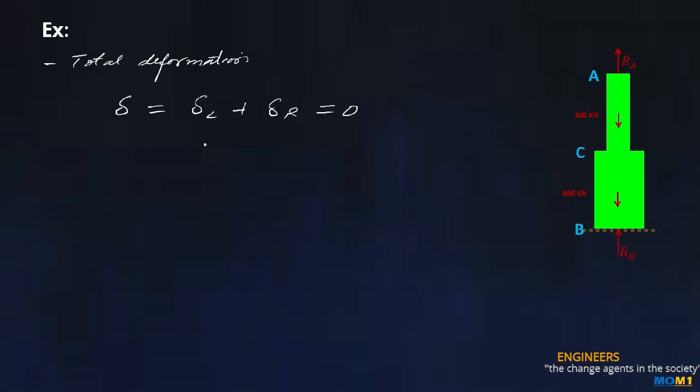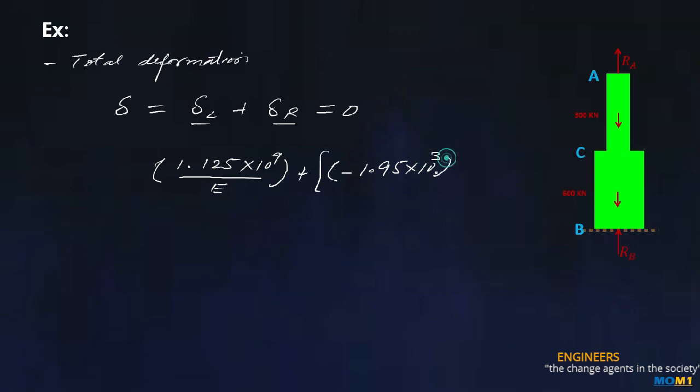Now using these values which we have just calculated of del L and del R, that is 1.125 into 10 raised to the power 9 upon E plus minus 1.95 into 10 raised to the power 3 RB upon E equals 0.